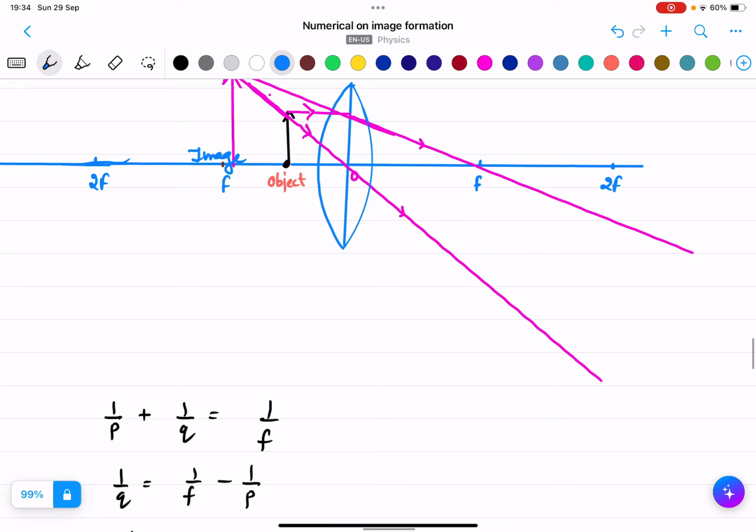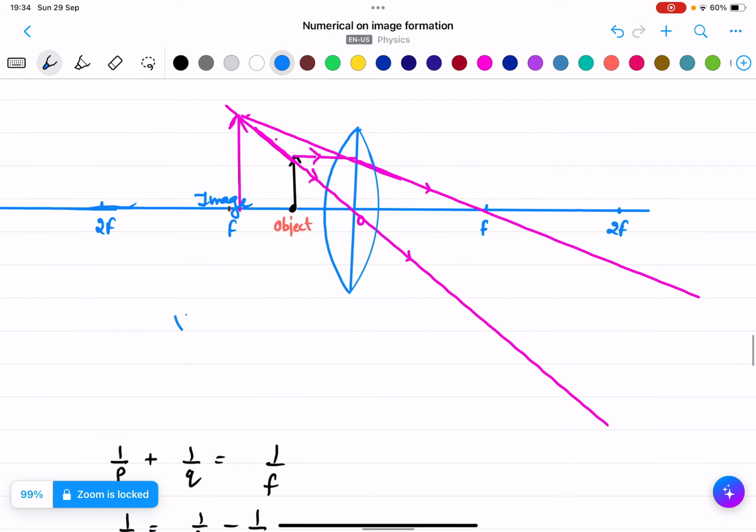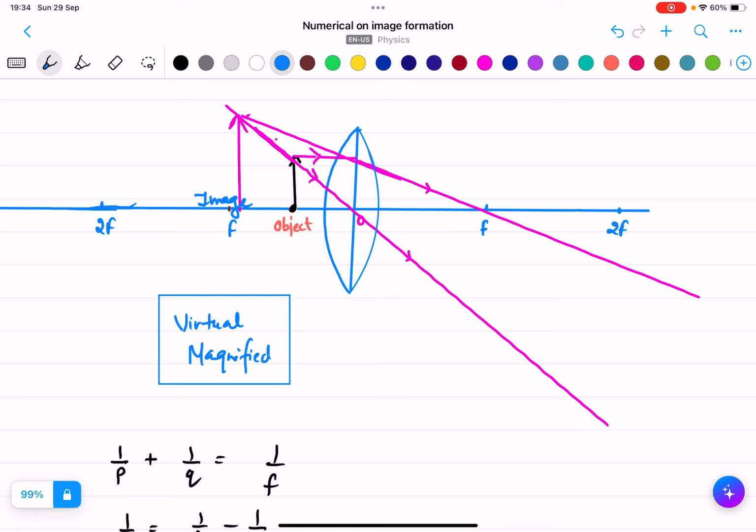So what is the image description? It is virtual because it is on the same side of the lens. It is magnified. And the distance, we can find out now. If you are doing it on the graph, you can easily find the distance here.